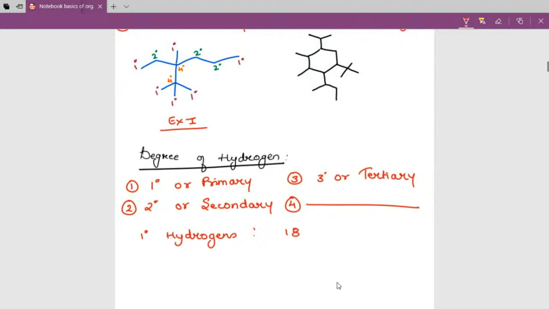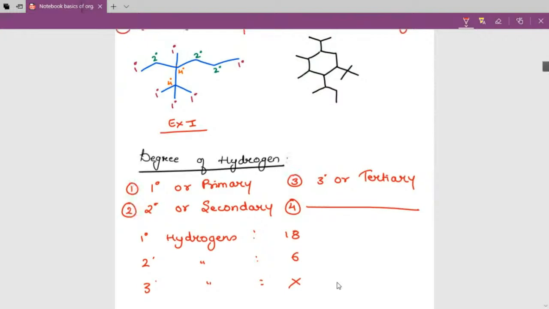Now I have 1, 2, 3 2 degree carbons, so the 2 degree hydrogens will be 6. There is no 3 degree hydrogen in the given example number 1 because there is no 3 degree carbon. First, there has to be that type of carbon. Then you will call the hydrogen attached to that carbon so and so degrees.